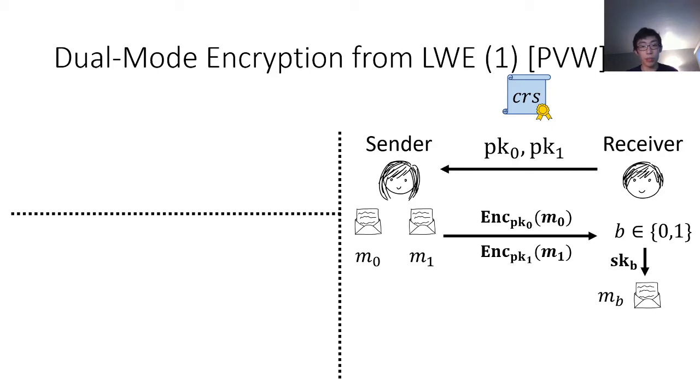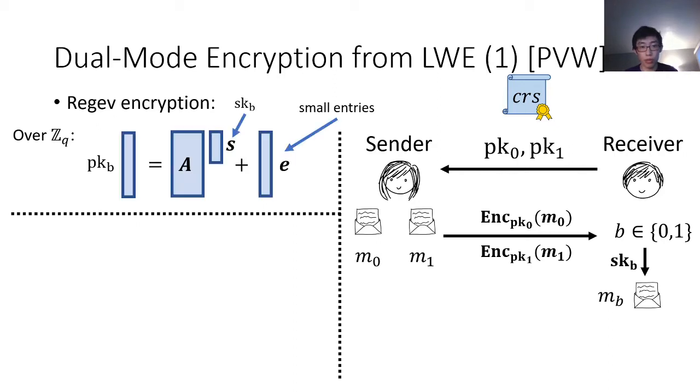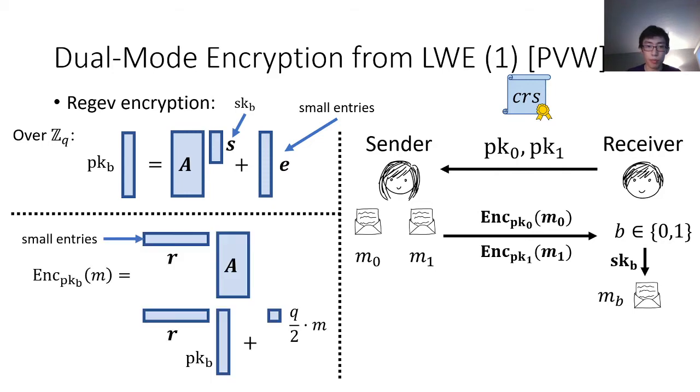And the main idea from PVW, their construction from LWE, relies on a variant of the Regev encryption scheme, which looks as follows. So we'll be working over Z_q for some well-chosen q, and the public key will be an LWE sample, so a noisy version of combinations of the rows of A. In order to encrypt, we'll do as follows.